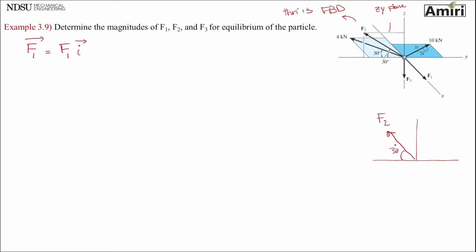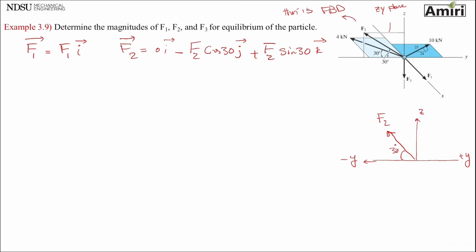F2 has an angle of 30 degrees, and this is Z, this is minus Y, plus Y. So F2 in terms of i and j has 0 i minus F2 cosine 30 j plus F2 sine, or cosine 60, I can use that, but let's just be consistent, sine 30 k.